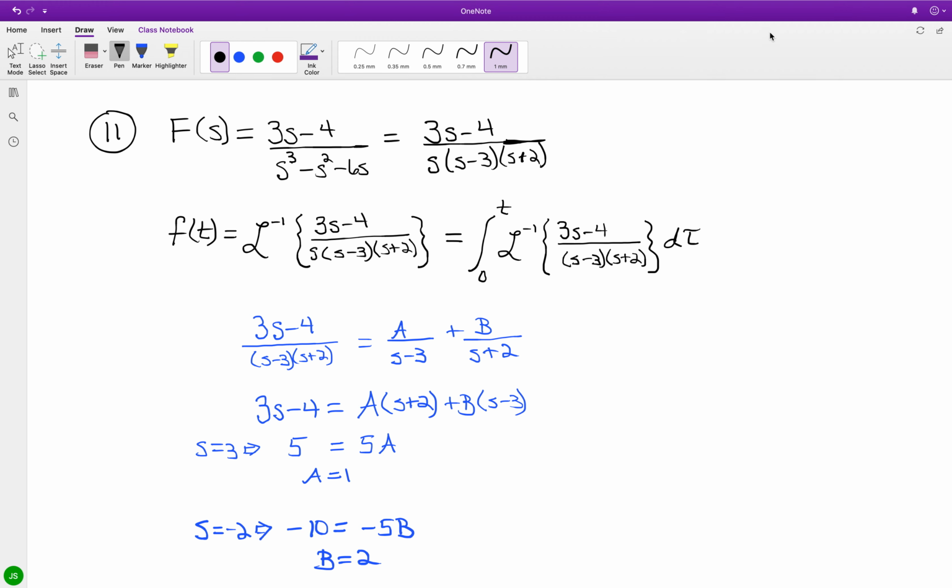Okay, for number 11, we have the inverse Laplace transform set equal to 3s minus 4 all over s cubed minus s squared minus 6s. And factoring the denominator, greatest common factor is going to be s, and this will be s times the quantity of s squared minus s minus 6.